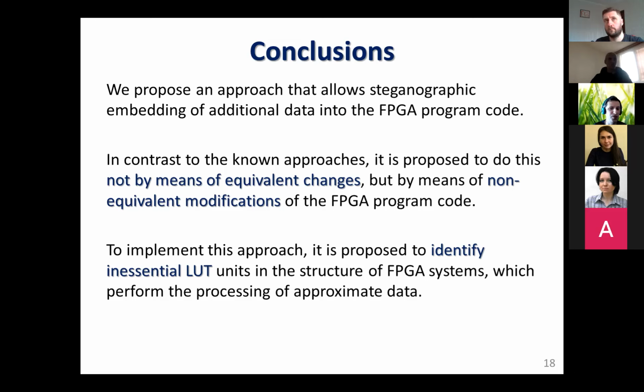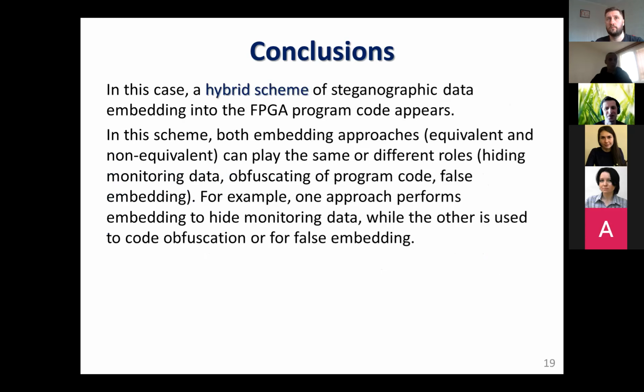To implement this approach, it is proposed to identify inessential LUT units in the structure of the FPGA system, which perform the processing of approximate data. In this case, a hybrid scheme of steganographic data embedding in FPGA program code appears.